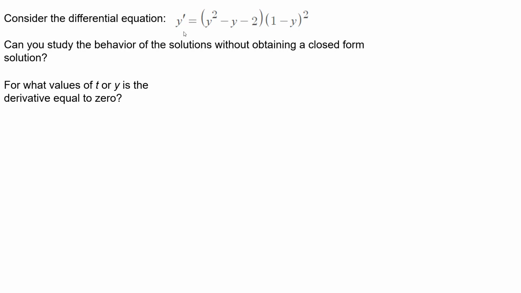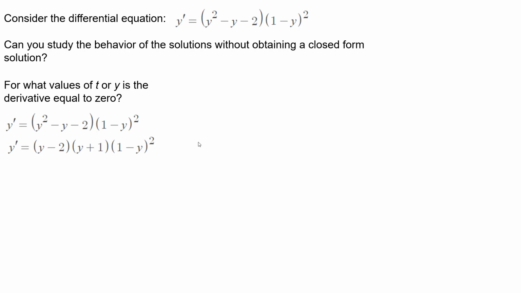Because if the derivative is equal to 0, the original function must be a horizontal line in those places, right? So there must be a value of y that just solves, equal to a number that solves this equation. So notice that t does not come into play at all. So the differential equation is just a function of y. The derivative is just a function of y. So we'll ask for what values of y is the derivative 0.